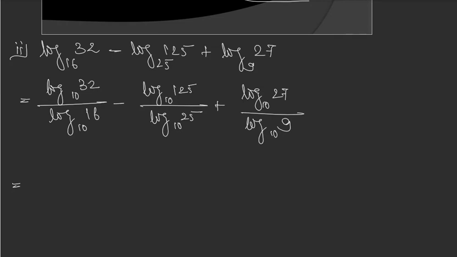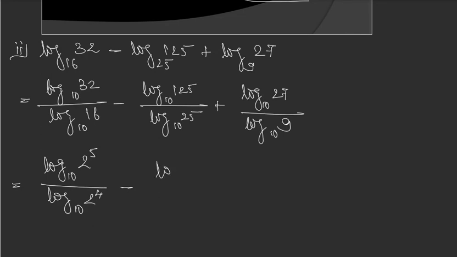Okay, this you can write as log of 2 raised to 5, 32 is 2 raised to 5, to the base 10 upon log of 2 raised to 4 to the base 10, right? 2 raised to 5 is 32 and 2 raised to 4 is 16.